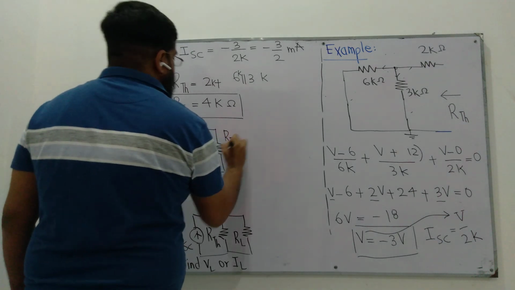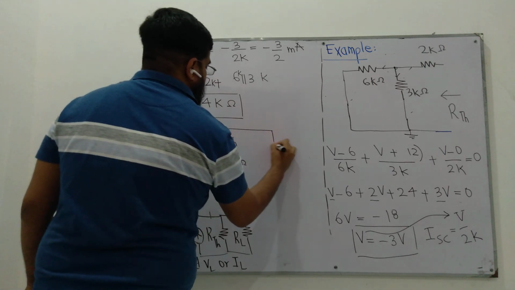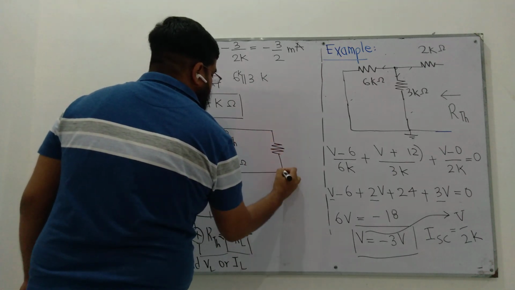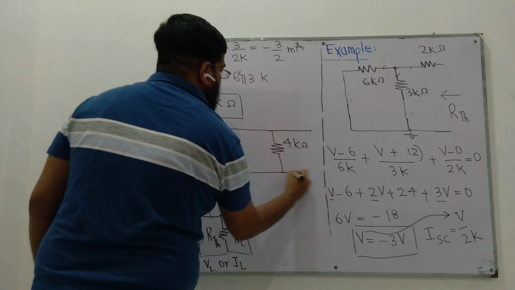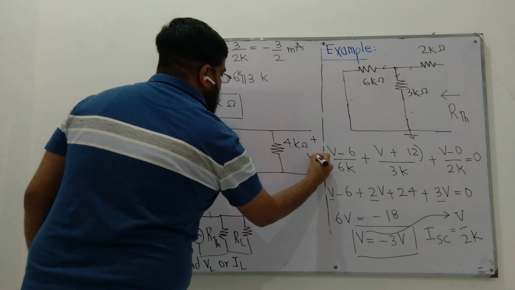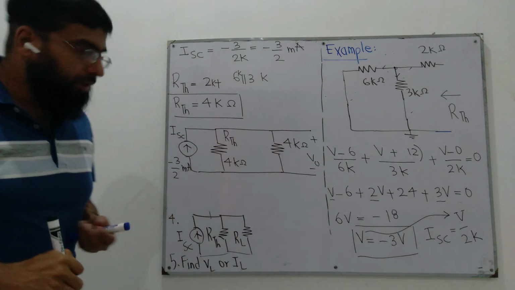The value of this resistor is equal to our R Thevenin, 4 kilo ohm, and we put our load back that we removed in step number 1, 4 kilo ohm. And we are supposed to find the voltage drop across this load resistor.